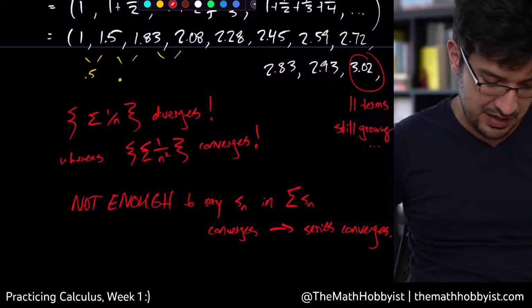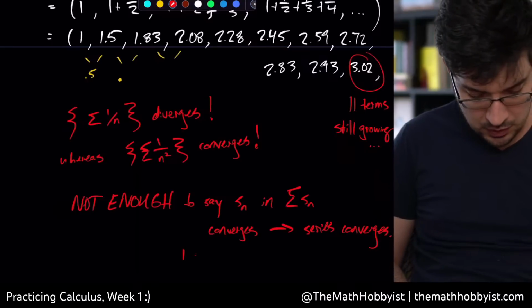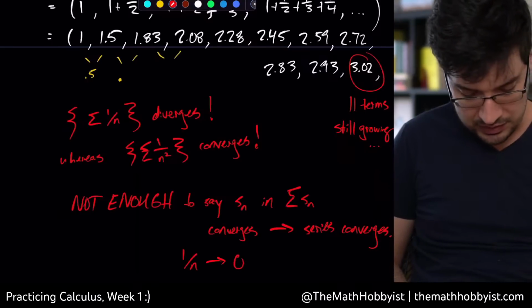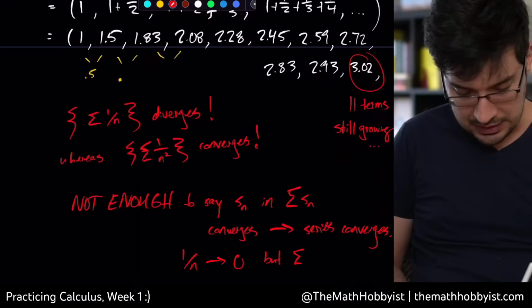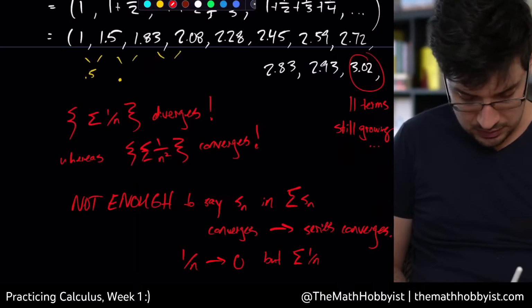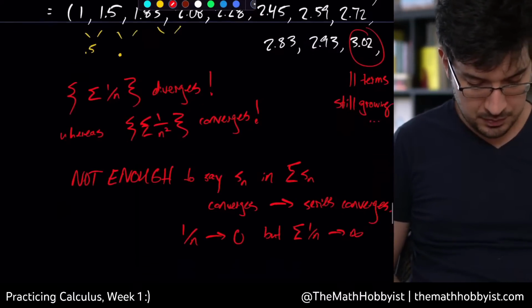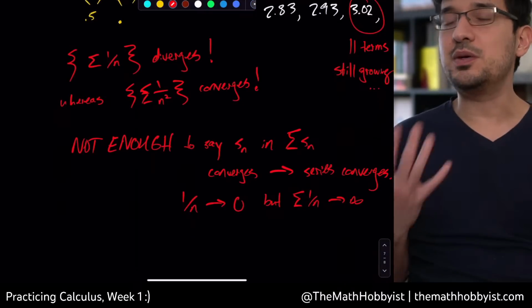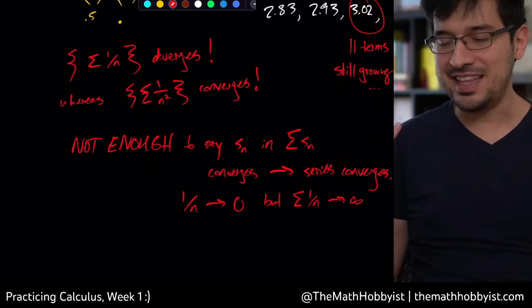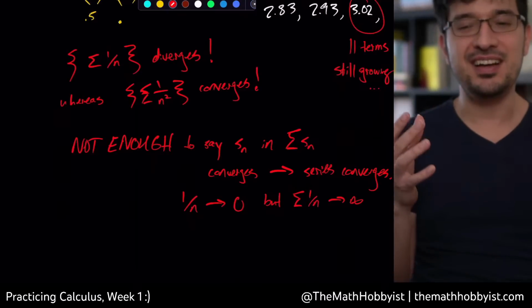So that's fascinating, because 1 over n tends to 0, but the series 1 over n actually grows without bound.